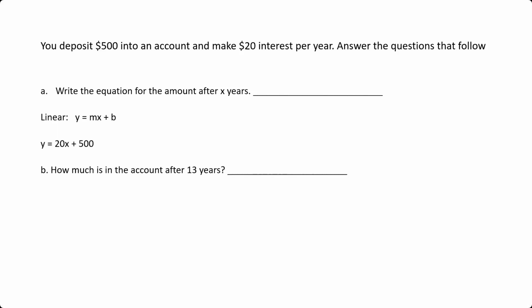It's 20 per year, which means X is years. So we would plug in X. Yeah, it's 706. Because there's a blank, you can just fill in the blank. If that was not there, you'd need a sentence.